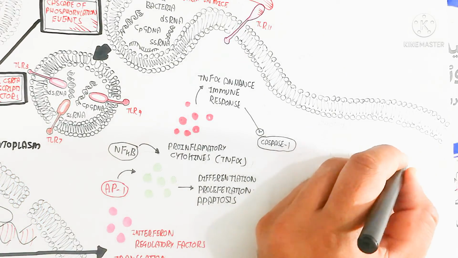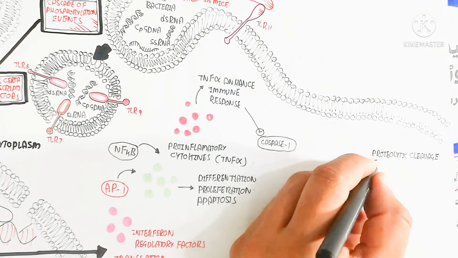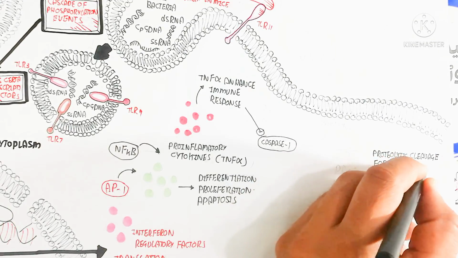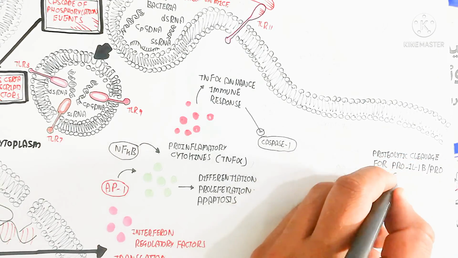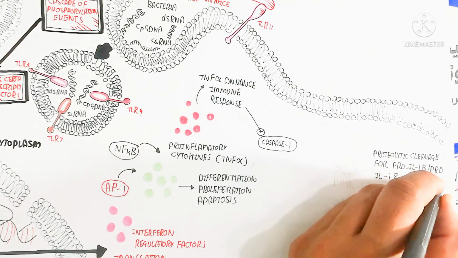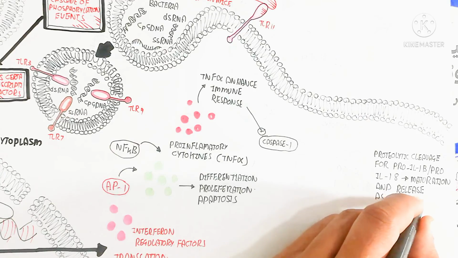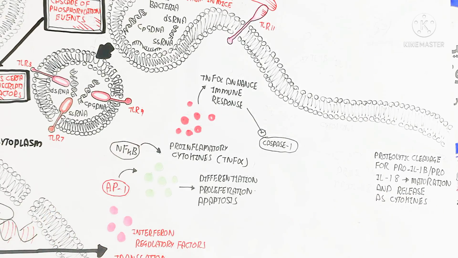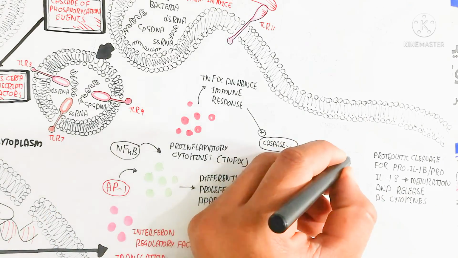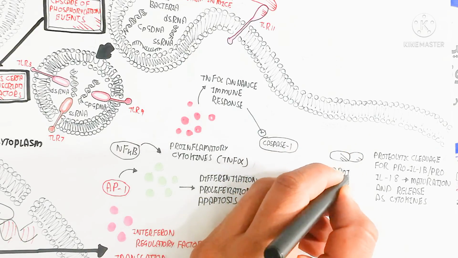Caspase 1 is used for the cleavage of pro-interleukin 1b and pro-interleukin 18. After this cleavage, there is maturation and release as cytokines.